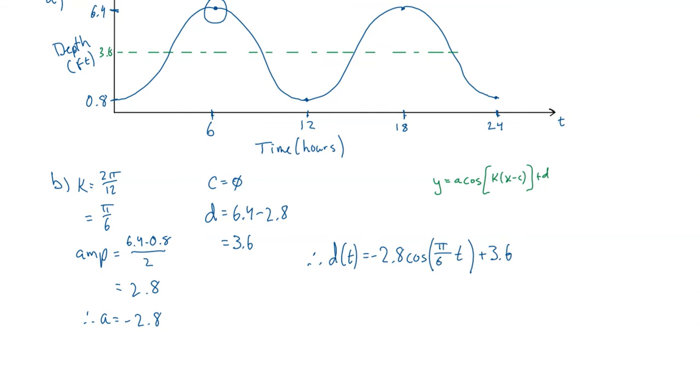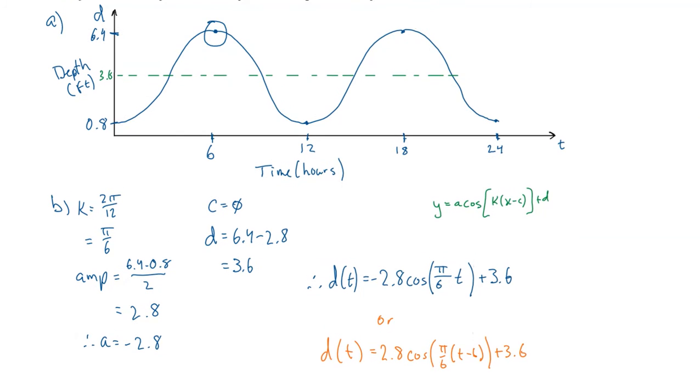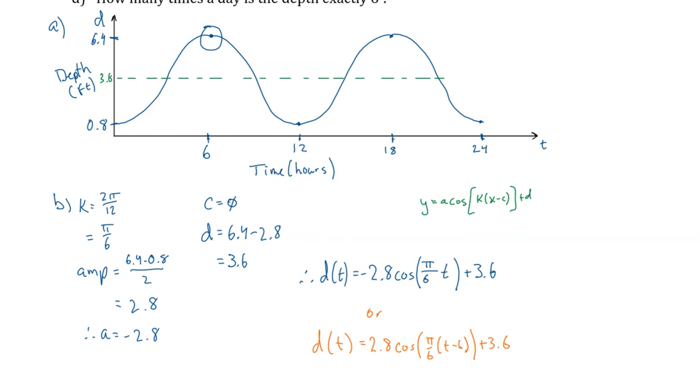So D at T equals, now we're starting at a max, so 2.8 cos pi by 6 (T minus 6). Same function. It'd be a little weird to do when we specifically sketched it starting at 0 and then wrote an equation somewhere else, but it wouldn't be wrong, and on a test you would get full marks for that.